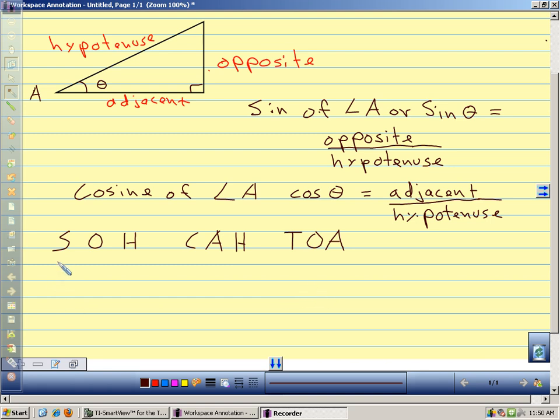SOHCAHTOA tells us that the sine is the opposite over the hypotenuse. The cosine is the adjacent over the hypotenuse.